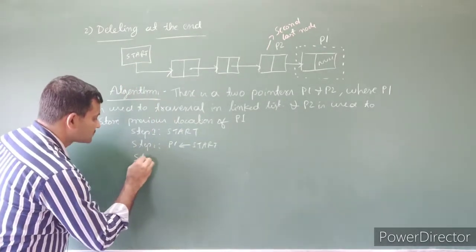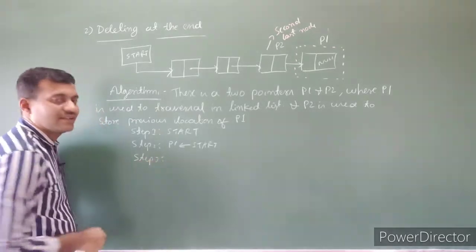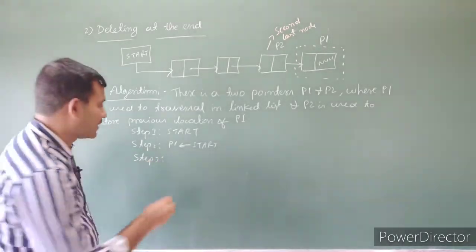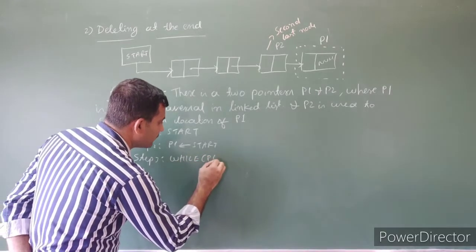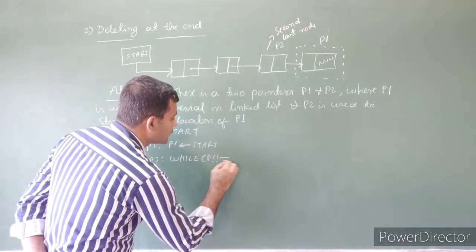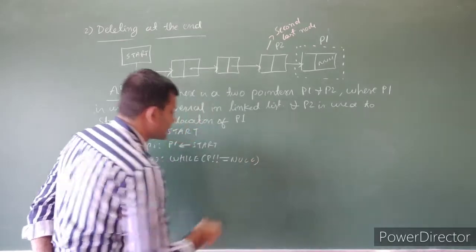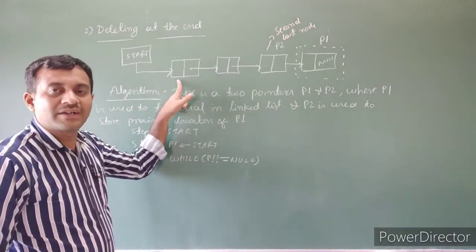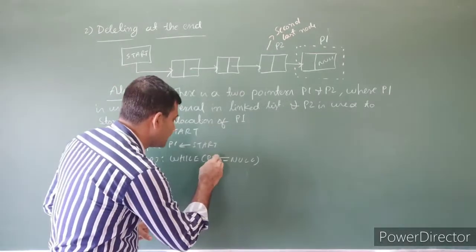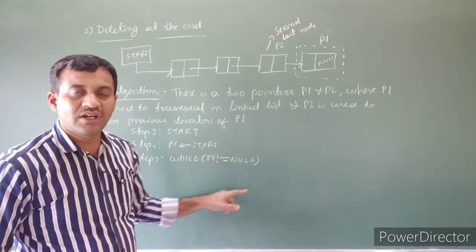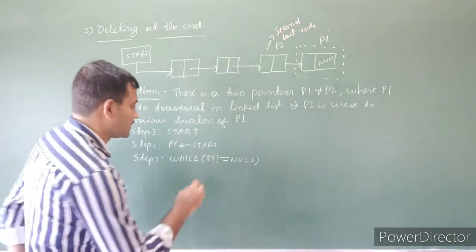Then traverse the linked list. In step 3, traversal. How to traverse? While link part of P1 is not equal to null, we traverse the linked list.